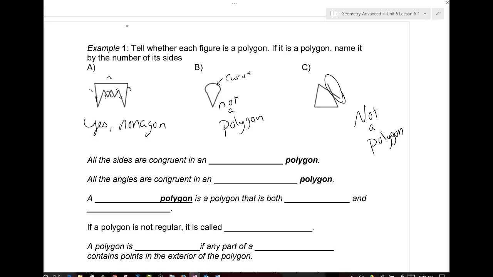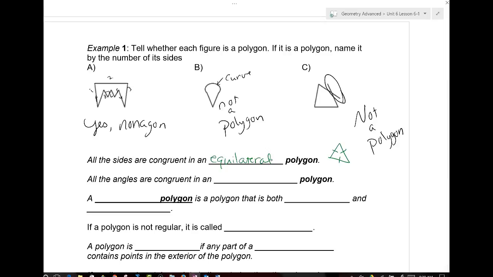Like for instance, what would you call a polygon if all the sides are congruent? Think triangles. What would you call a triangle when all of its sides were congruent? Yeah, equilateral. So any polygon that's all of its sides are the same, it's going to be equilateral. What if all my angles are congruent? What would we call that?